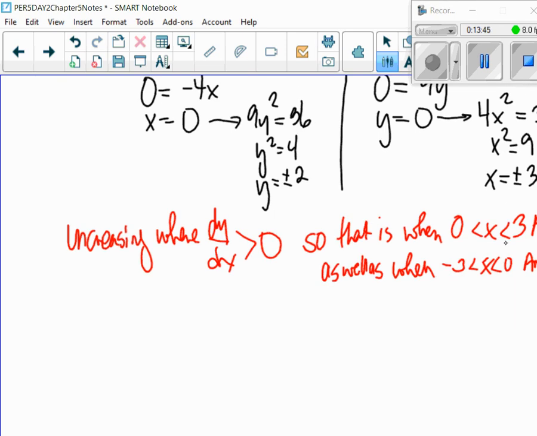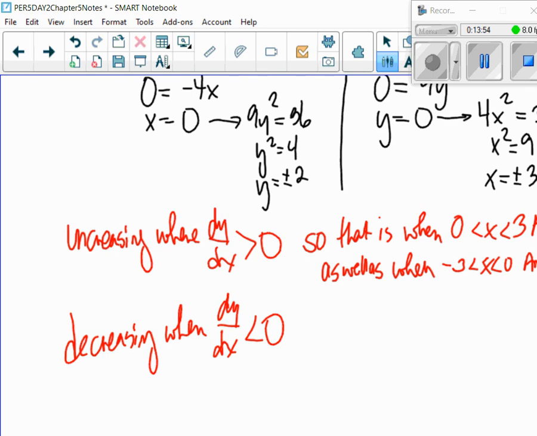Now we got to say where it's decreasing. So decreasing where dy/dx is less than 0.